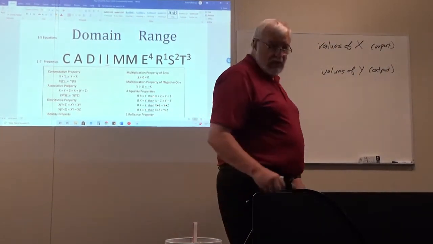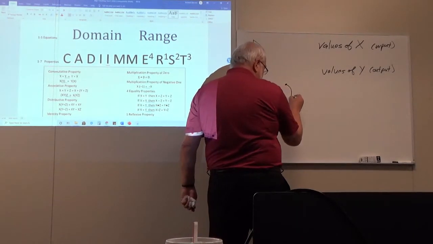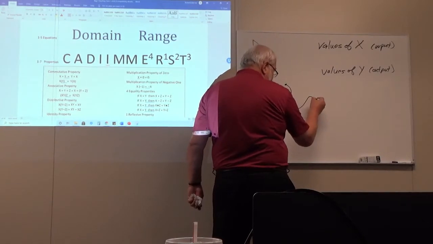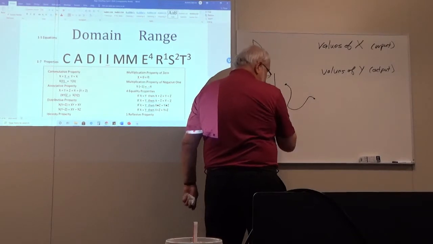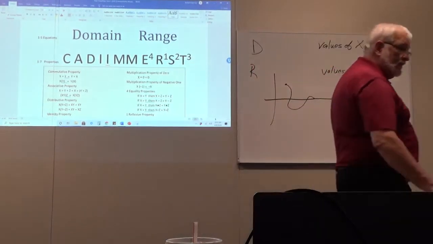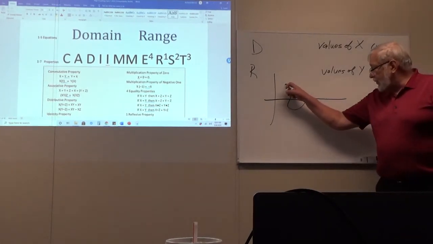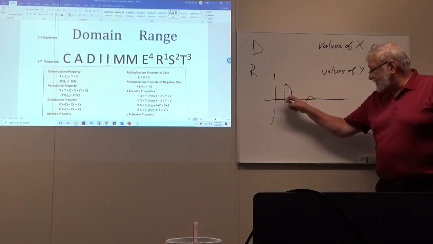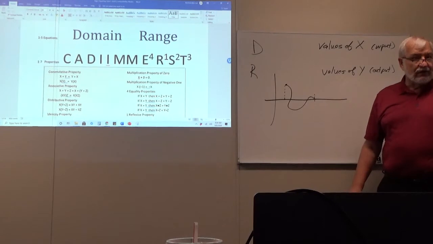All right, now, one of the things that we're going to do is that, let's say that I give you a squiggly graph that looks like that, and that it is in this area here. What is the domain? Again, what is domain? Values of x. So the smallest value of x is right here, and the largest value of x is right there.